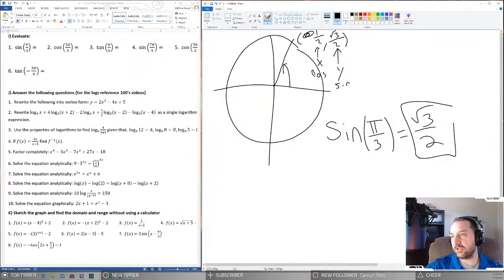And so we just have to look at where the angle is. And then just as a reminder, tangent is sine over cosine. So you just take the y value, put it over the x value, and you have your answer. Any questions on the unit circle stuff?